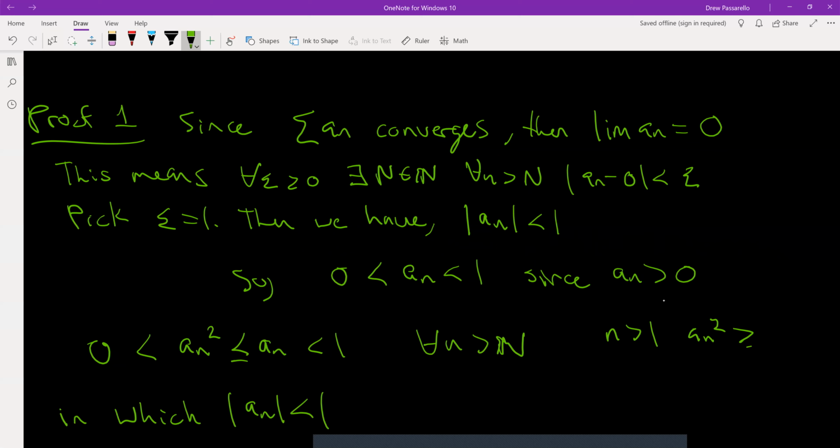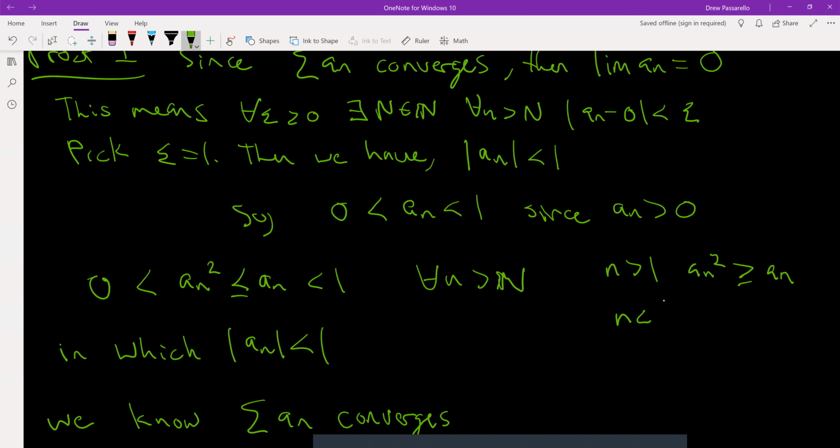When we think of whole numbers bigger than 1, yes, the squares are going to be bigger, but since they were between 0 and 1, the squares are going to be smaller.